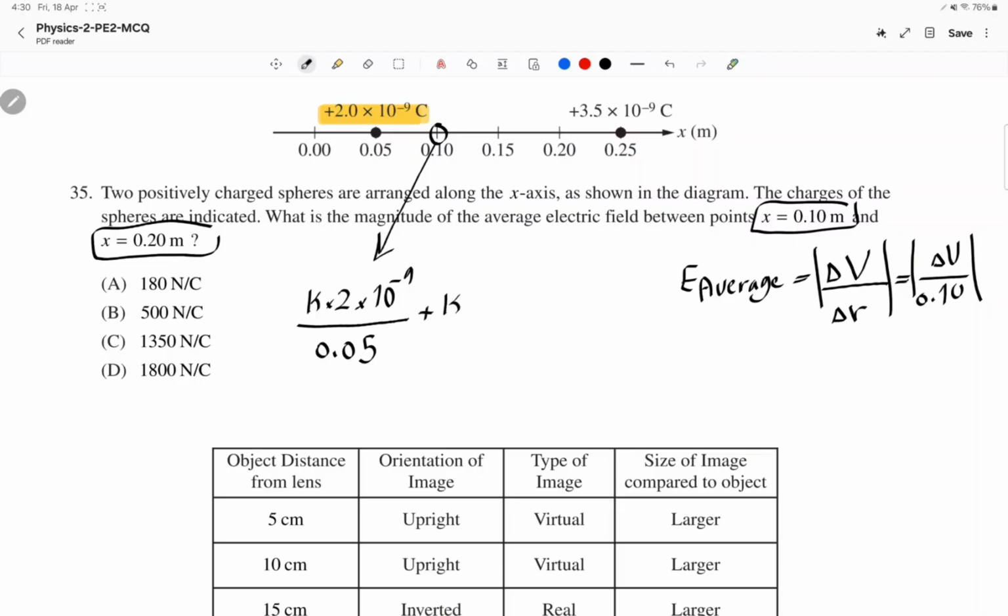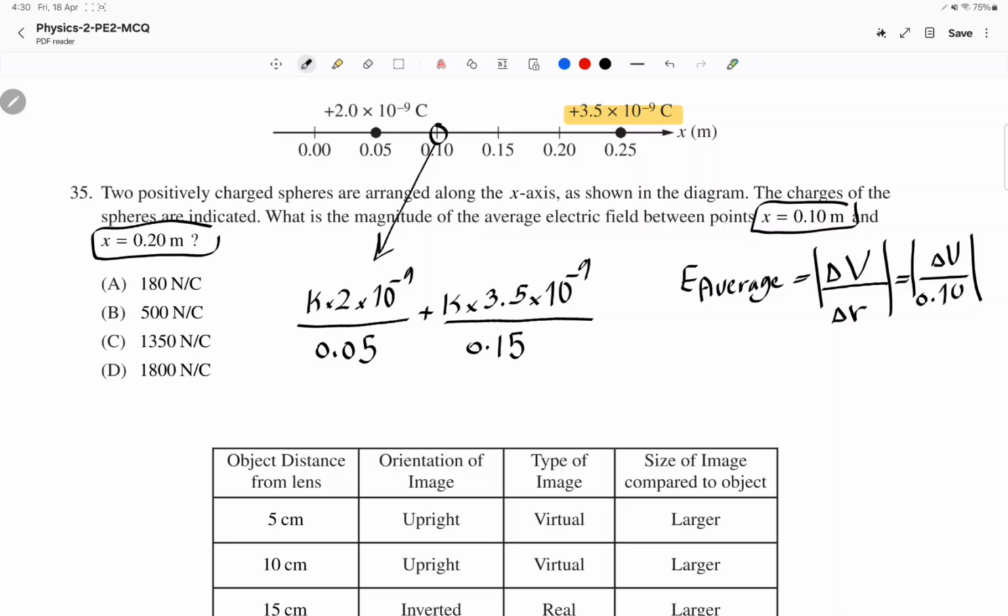plus kQ over the distance. How far is the charge highlighted in orange from the 0.10? 0.15. Now you know what k is, right? Yeah.